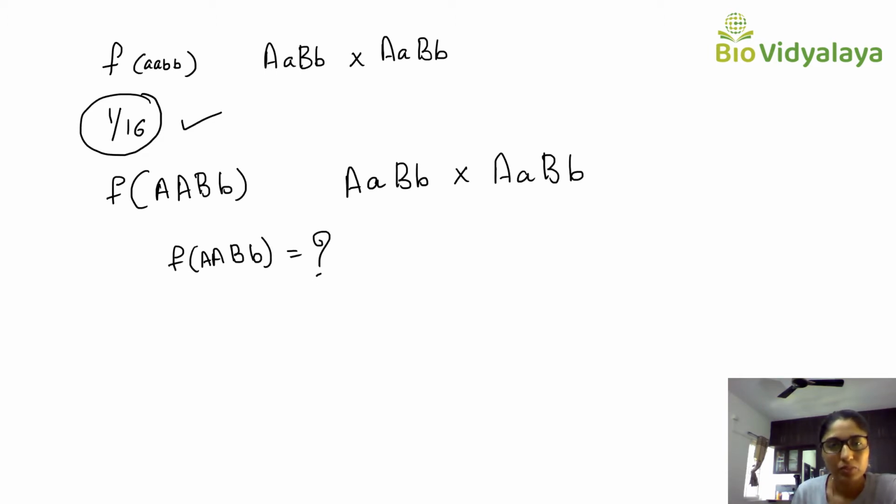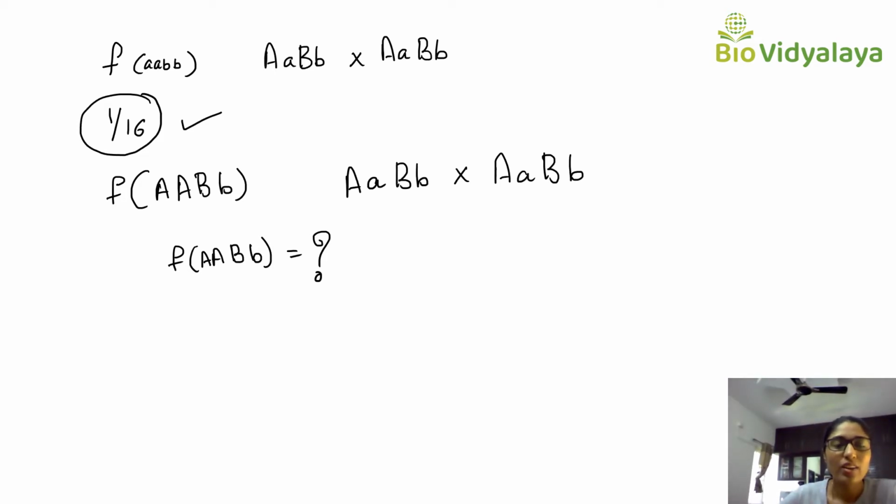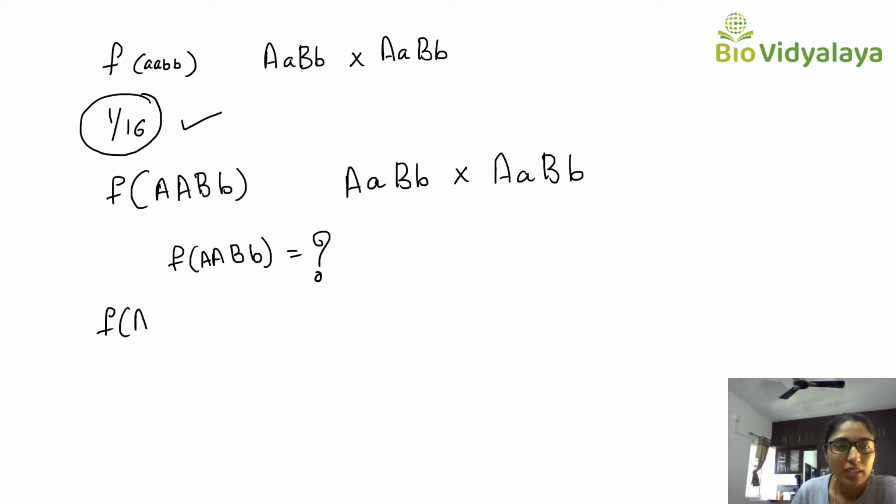First, we have to find the frequency of getting capital A, capital A. What is the frequency of getting capital A, capital A when we are crossing capital A, small a with capital A, small a?